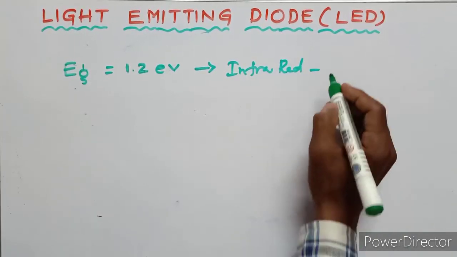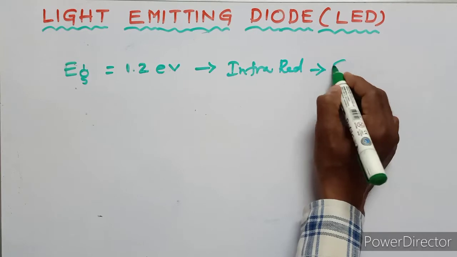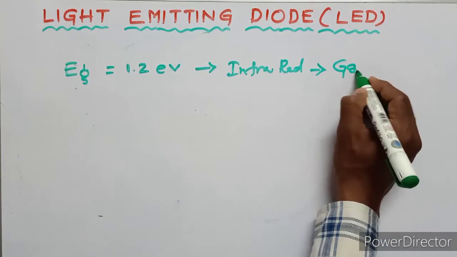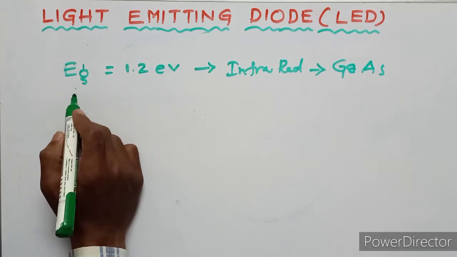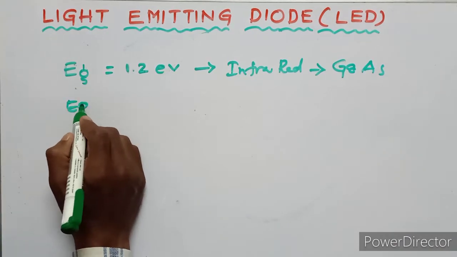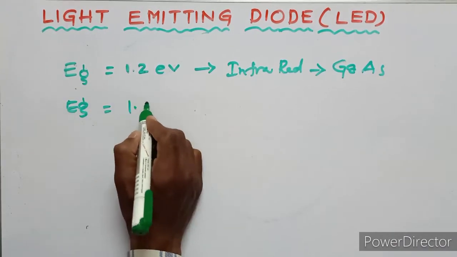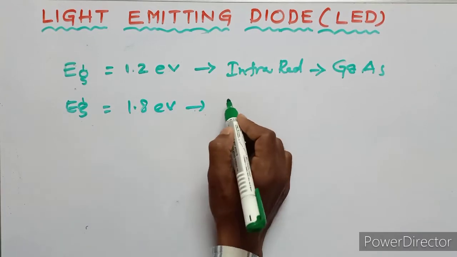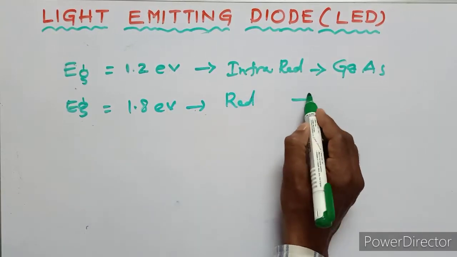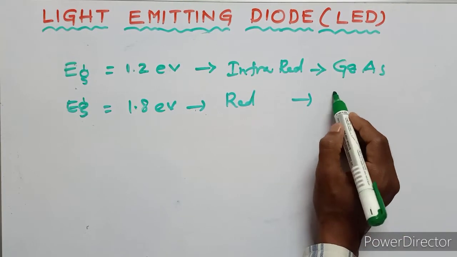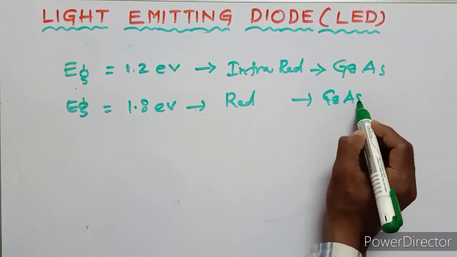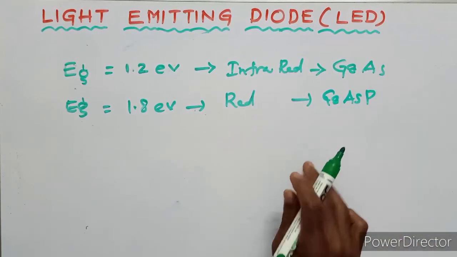And the semiconductor material is gallium arsenide. Also, an energy gap of 1.8 electron volts is red, and the semiconductor material is gallium arsenide phosphide.